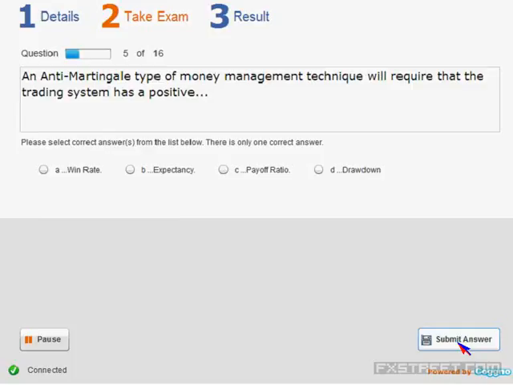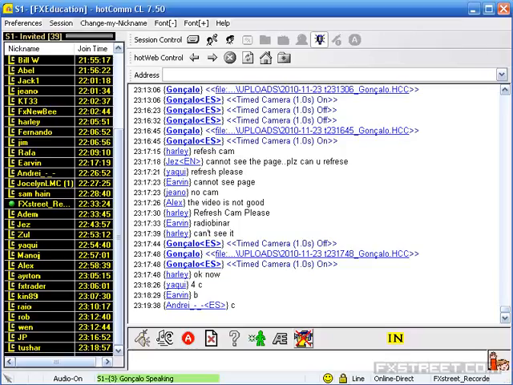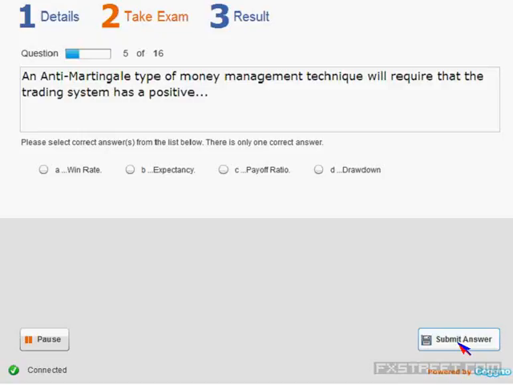An anti-martingale type of money management technique will require that the trading system has a positive win rate, expectancy, payoff ratio, or drawdown. So we have an anti-martingale. We can say now that to the anti-martingale type of techniques belong all the variations of the fixed fractional.